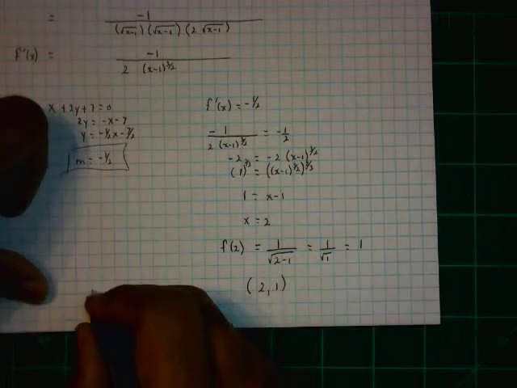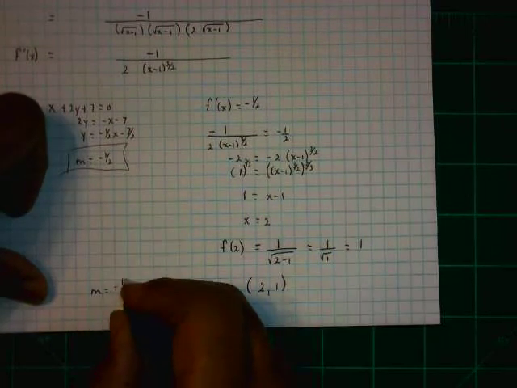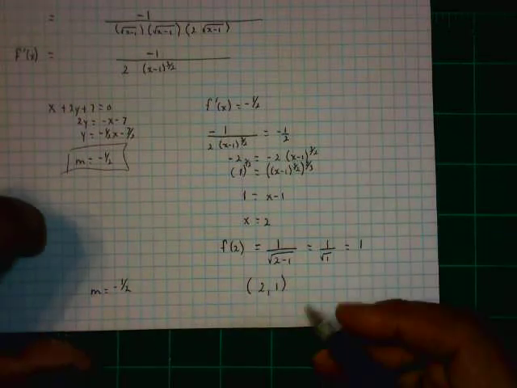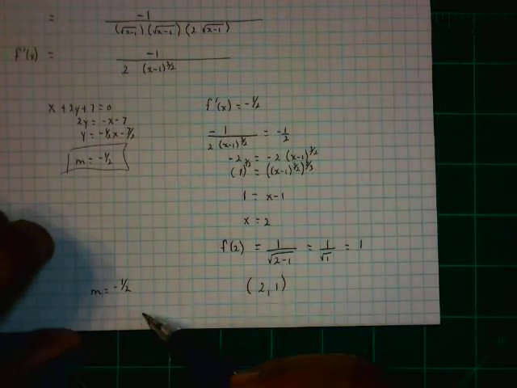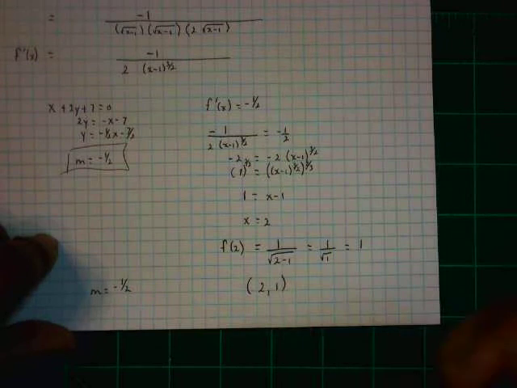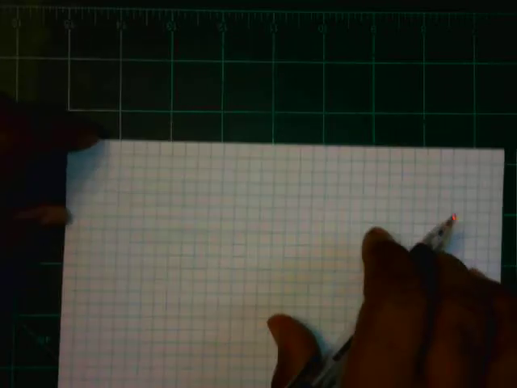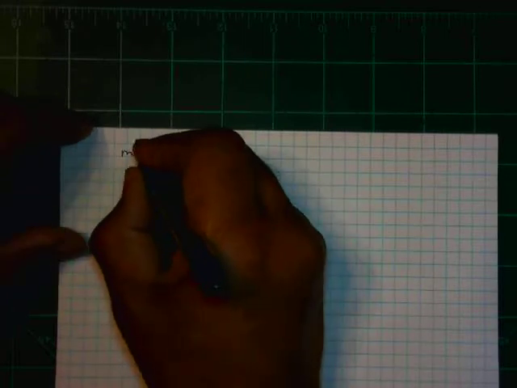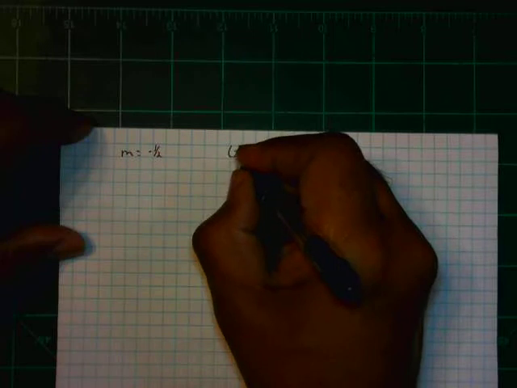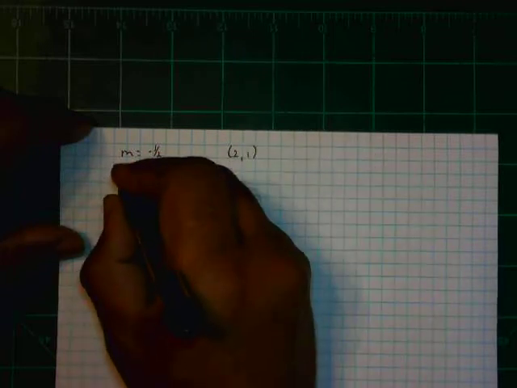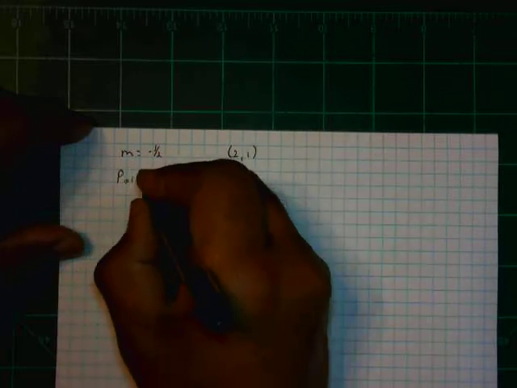My slope is m equals -1/2. Now I need to find the equation of the line that has this slope and goes through that point. Now parallel lines have the same slope, that's why I'm using -1/2. So let me recap that on this sheet. I have the slope is equal to -1/2. My point is 2 and 1, so I'm going to use the point slope equation.